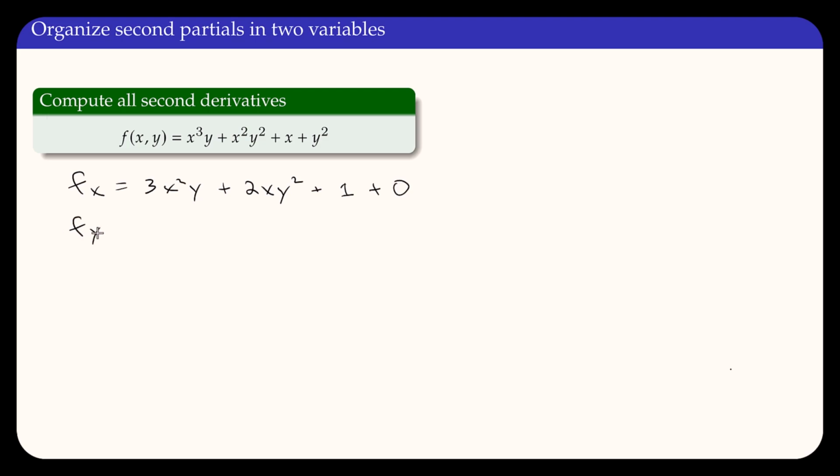And now if I take the partial derivative with respect to y holding x constant, I get x cubed plus 2x squared y plus 0 plus 2y. Now that we've got our first partial derivatives, we can go ahead and start computing the second partials.